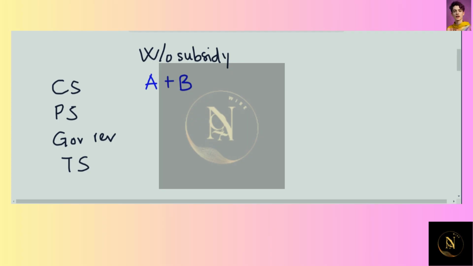The value of producer surplus is E plus F plus G. There's zero revenue to the government, and total surplus is just the sum of consumer surplus and producer surplus, which is A plus B plus E plus F and G.